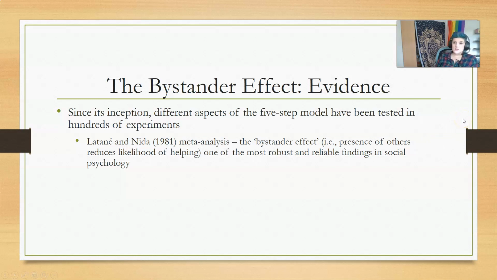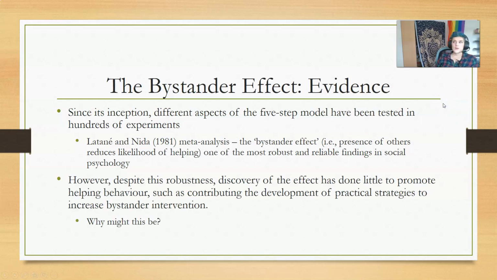Basically, whenever you study it, you're going to find it, because people are sensitive to the presence of others. However, despite the robustness, discovery of the effect has done little to promote helping behaviour, such as contributing to the development of practical strategies to increase bystander intervention.